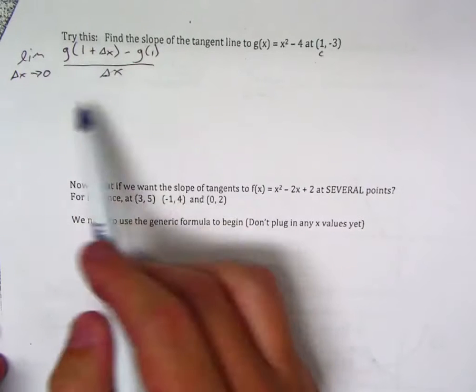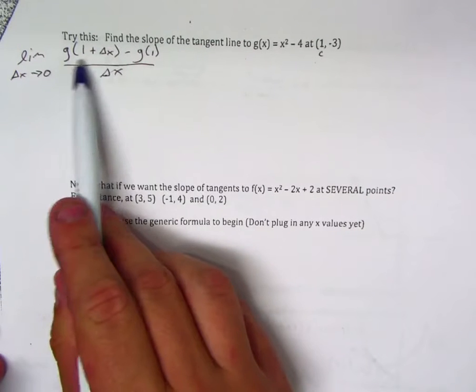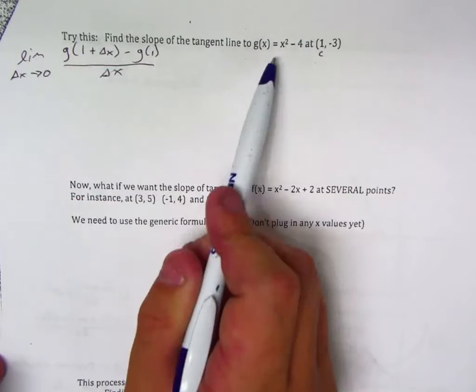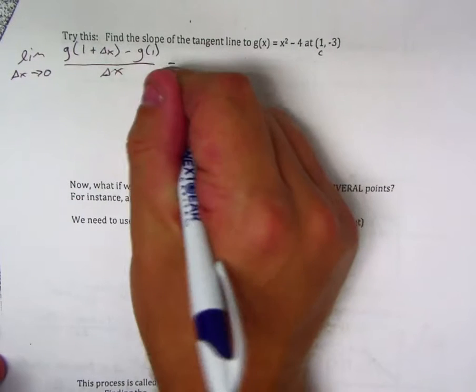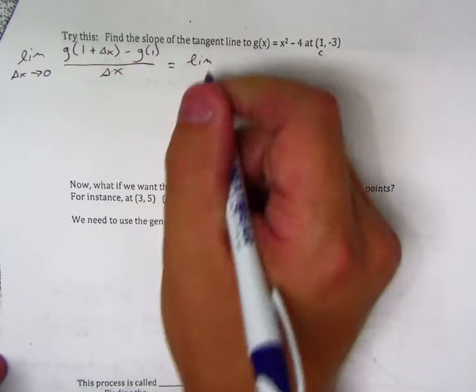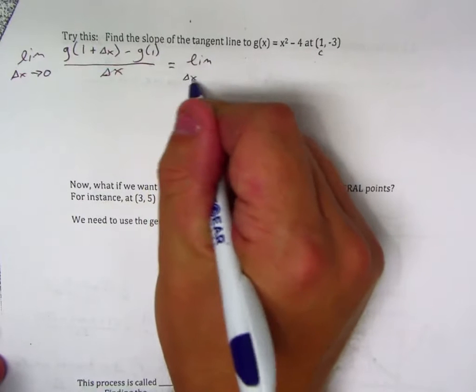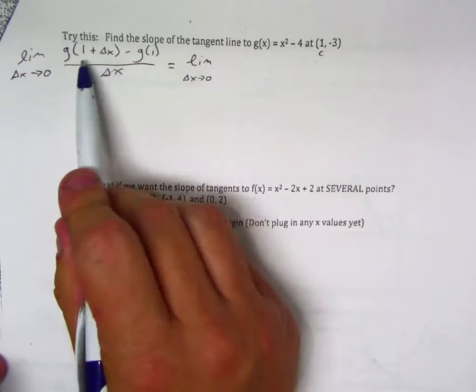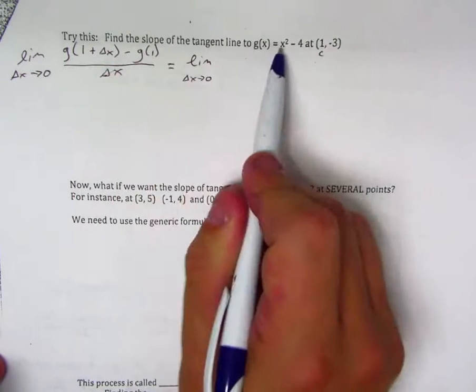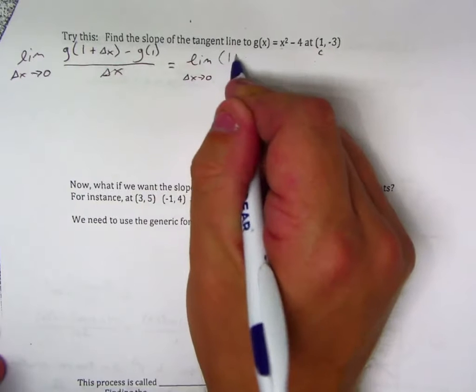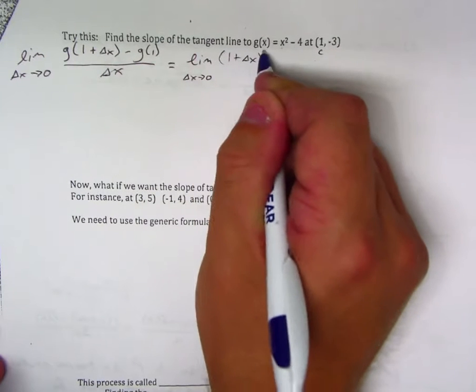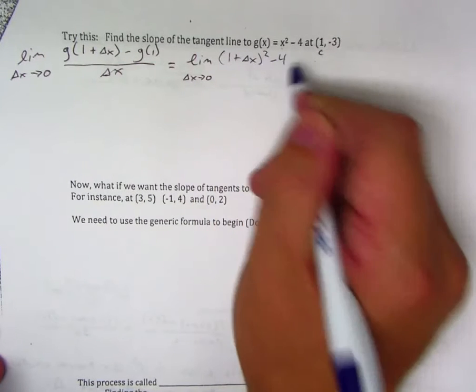Now we need to do our evaluation. We want to figure out what g of 1 plus delta x is. So input 1 plus delta x into the function. So the limit, as delta x approaches 0, we're going to plug 1 plus delta x in for x. So 1 plus delta x squared minus 4.